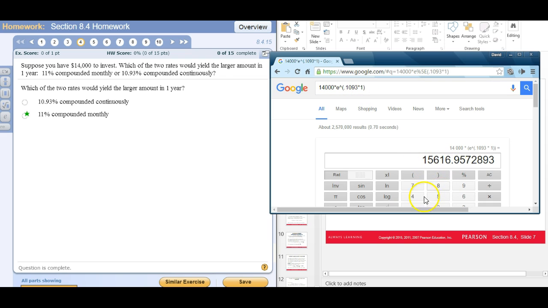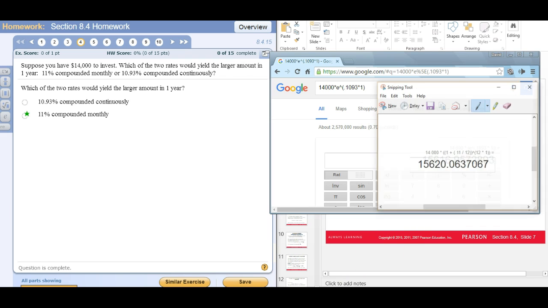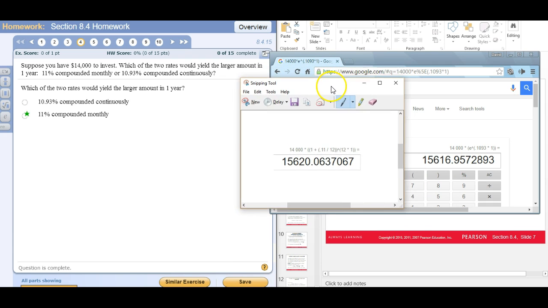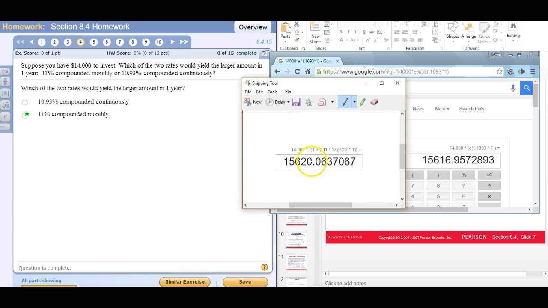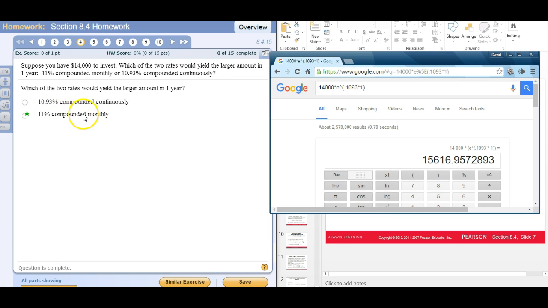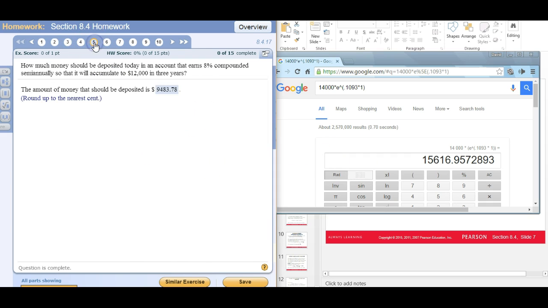So 15,616.95. The other one was 15,620, so about $3 more roughly with the compounded monthly. So that's where that's coming from. Okay. So again, it doesn't ask what the numbers were, it just asked me to compare the two. So the compounded monthly was higher.